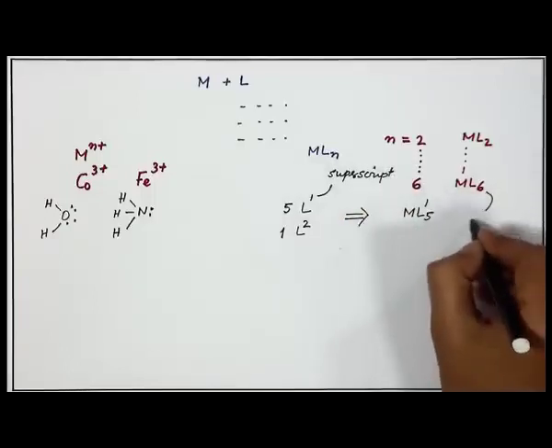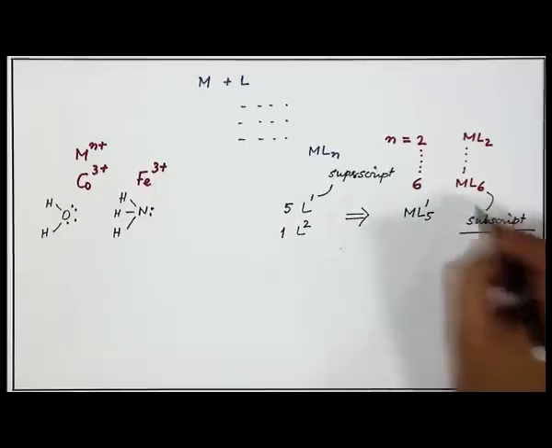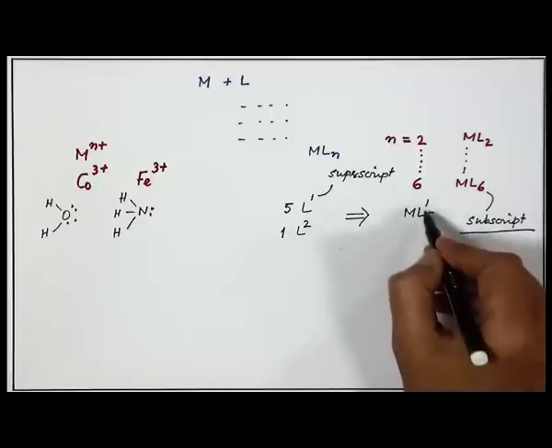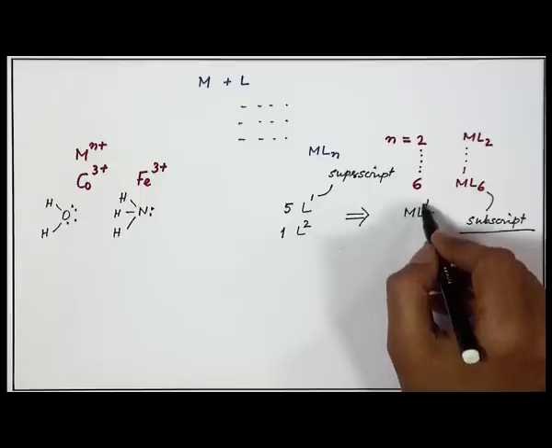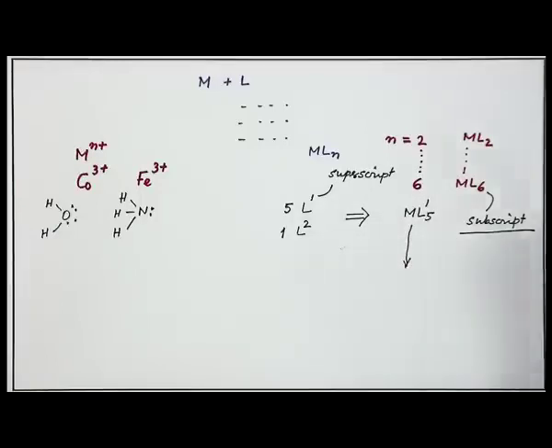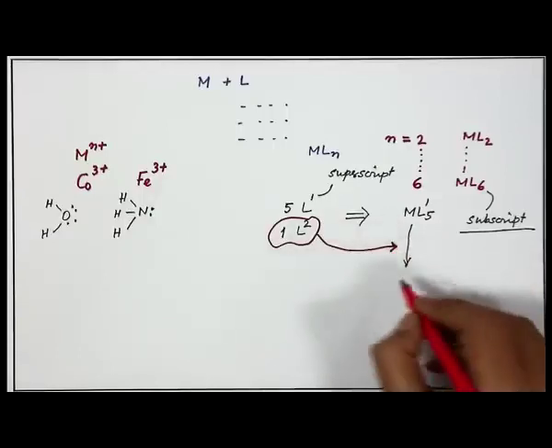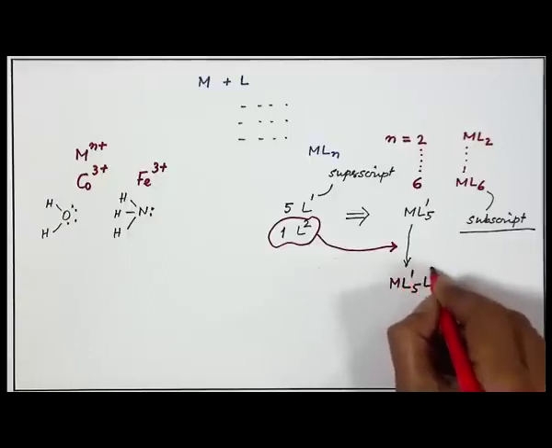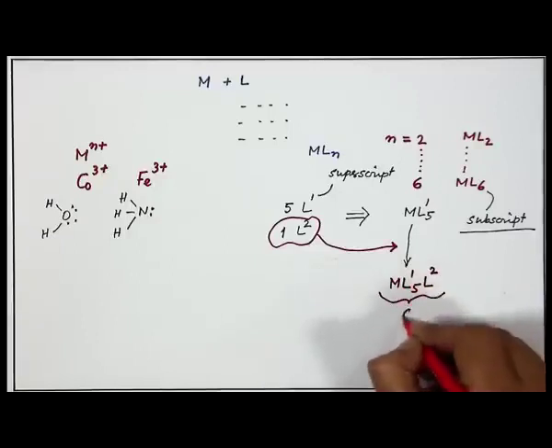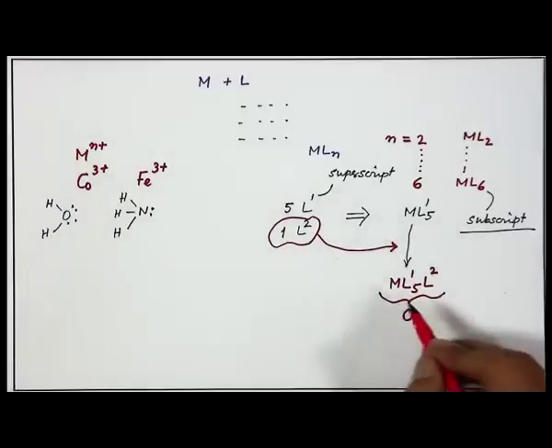And when we write this subscript, it tells us how many of these L's are present. That means 5 of them, 5 of L1s are present on this M and giving rise to this. So, the next step, we will simply bring this particular species to ML1 5 and L2, and this is again an octahedral compound, and you can have the 6 coordination sites around this particular metal ion center.